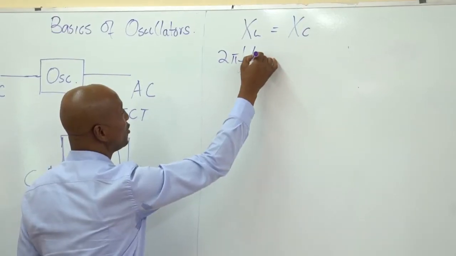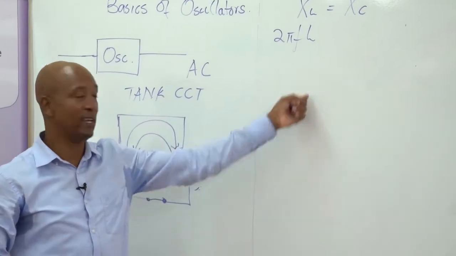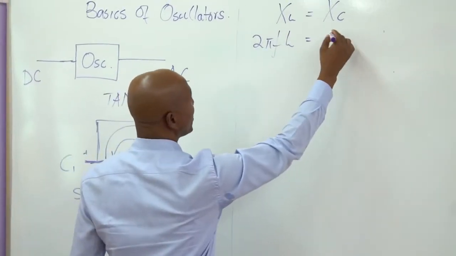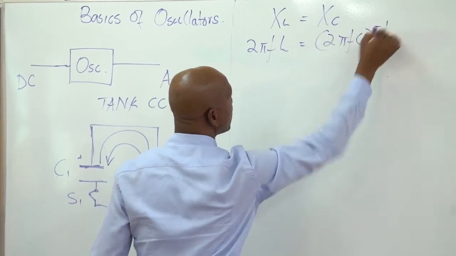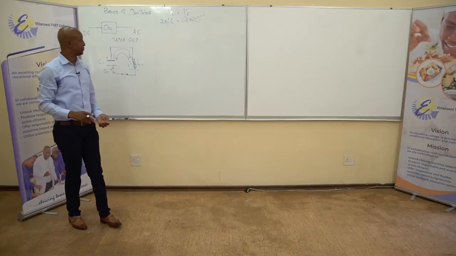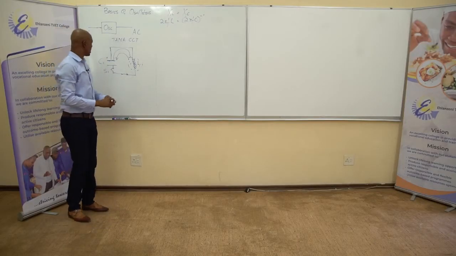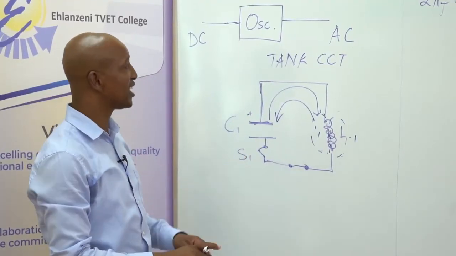Mathematically, it is known that XL is given by this formula, which is 2 pi FL, and XC is given by this formula, which is 1 over 2 pi FC.